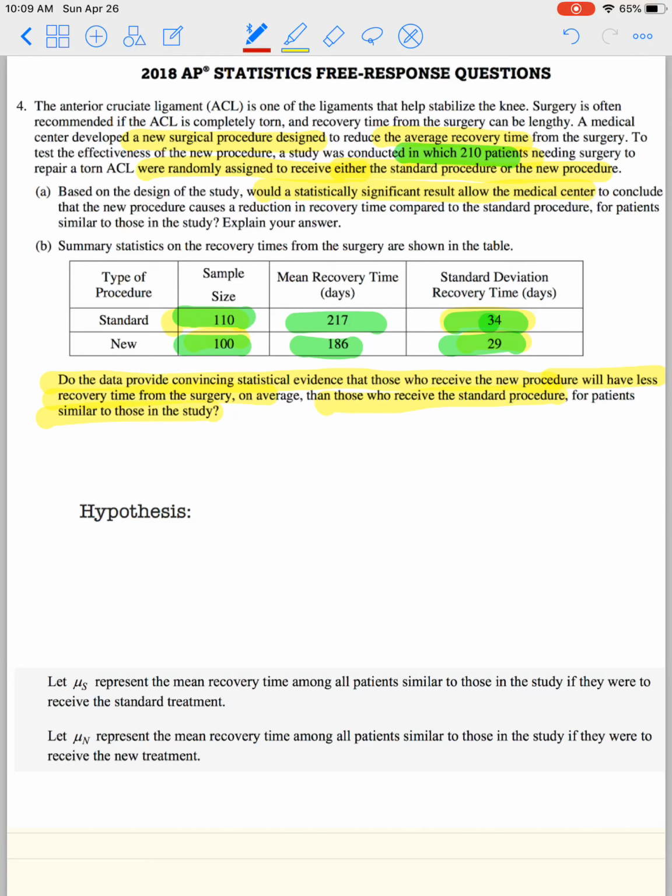Also, this is an average problem and not a proportion problem. So H0 would be that the two recovery times make no difference, whether you take the standard or the new procedure. Now it depends on what you call mu1 and mu2.